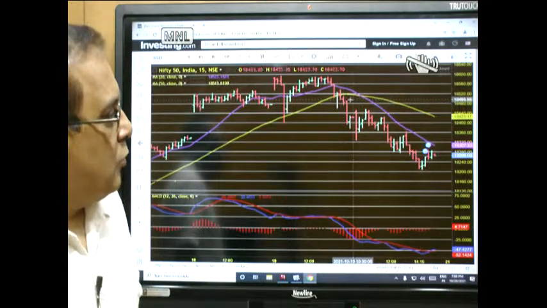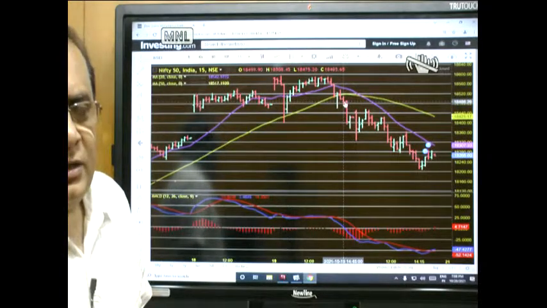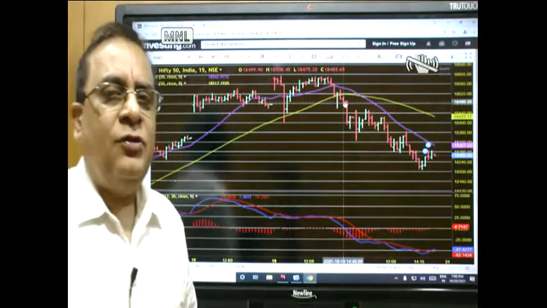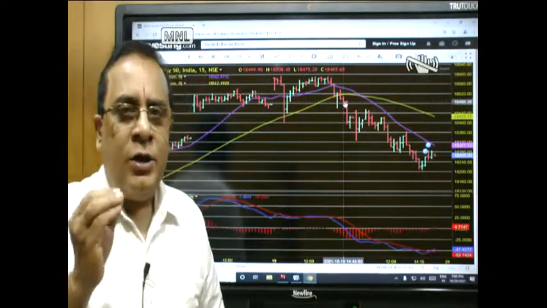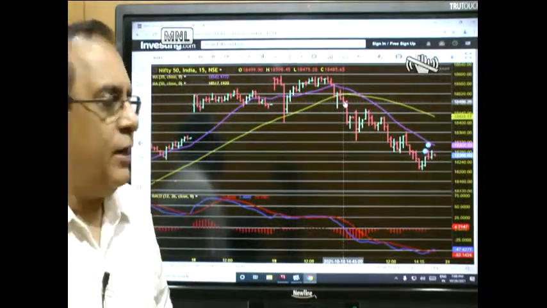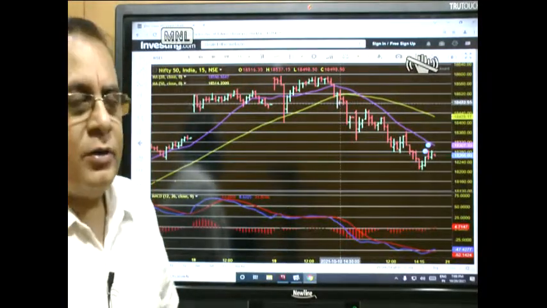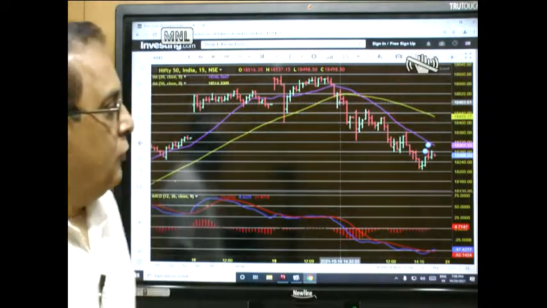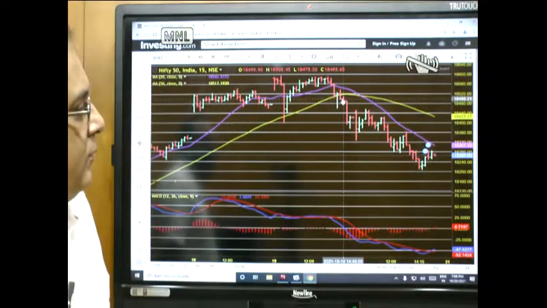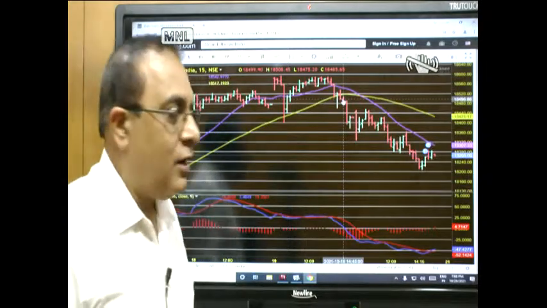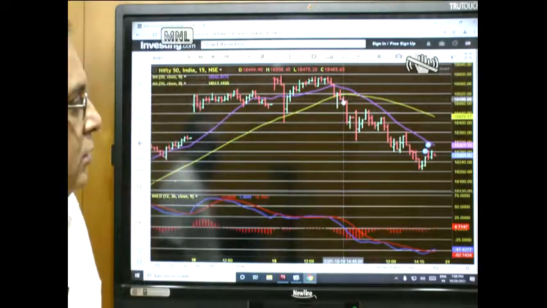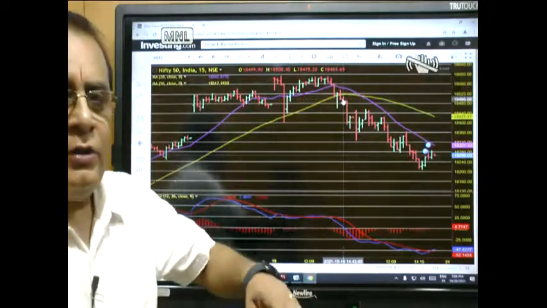So once this is broken and this bar close happens in the 15-minute chart, we have a clear-cut case that a lower top is also there, and the lower bottom is also there. So you will go short somewhere on the breakdown of this, or probably on this candlestick close bar. So now you have the trend going on the lower side.